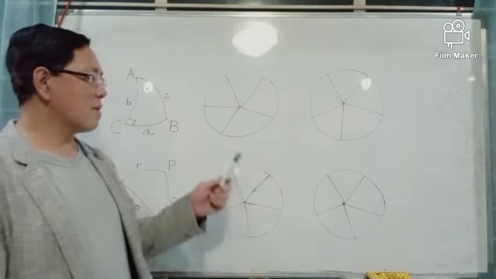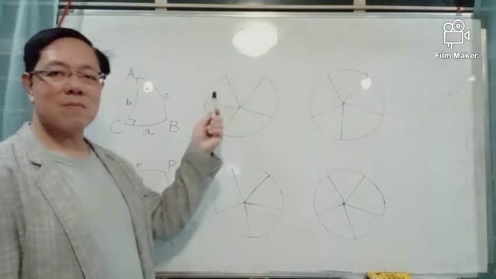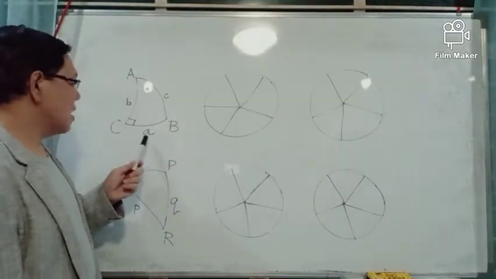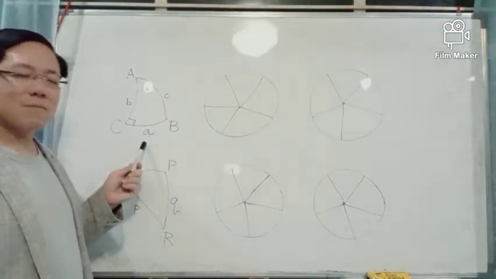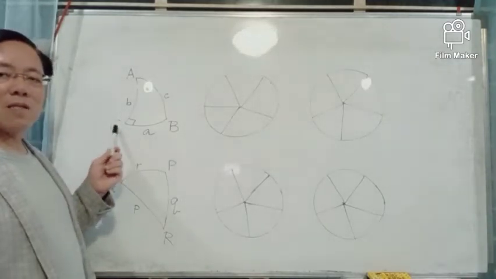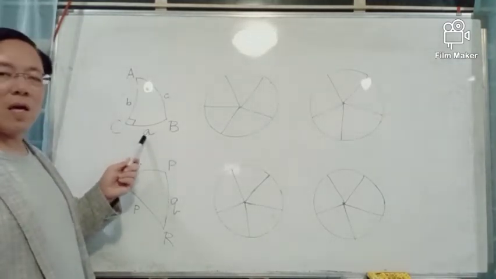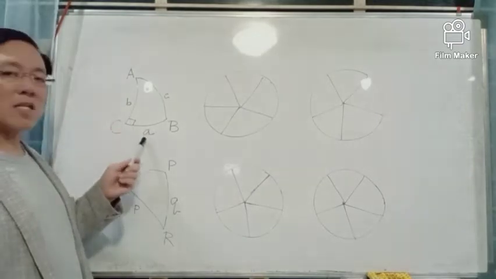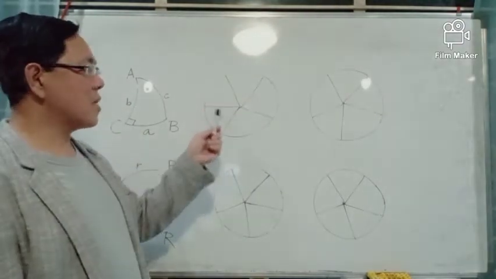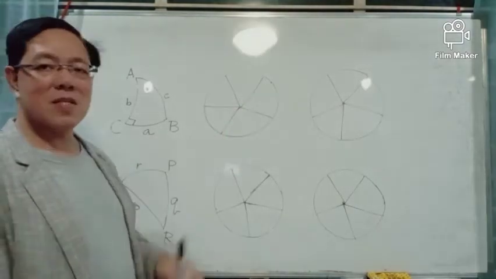So we place the 5 parts that may vary in this circle. And you start with the side connected to the right angle C. You may start with small a or small b. I will start with small a. You can write small a in any of these 5 parts of the circle.